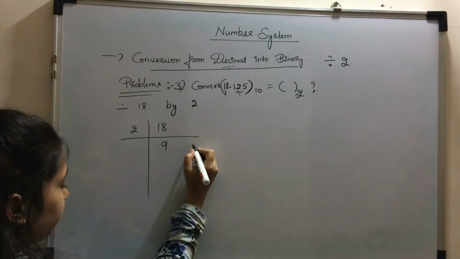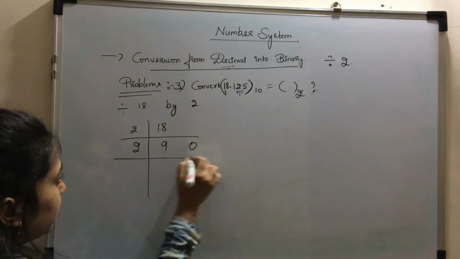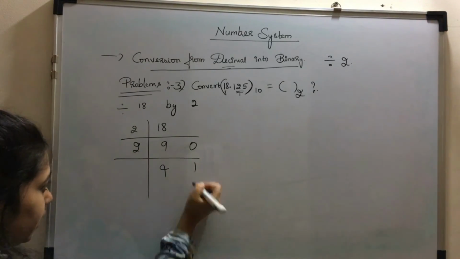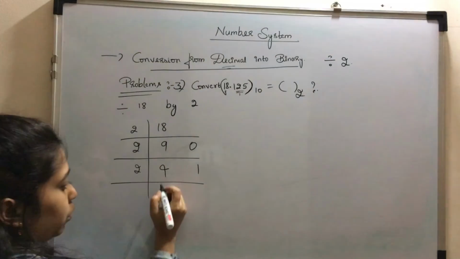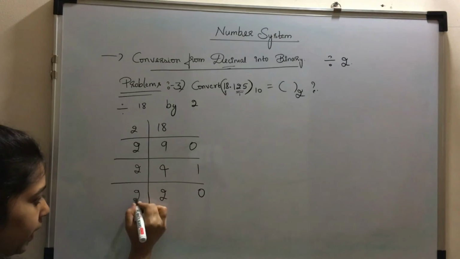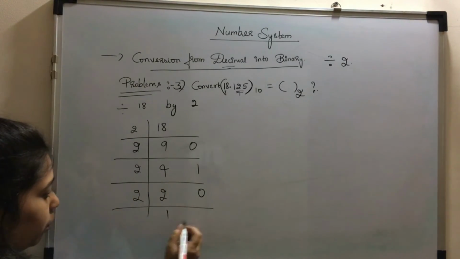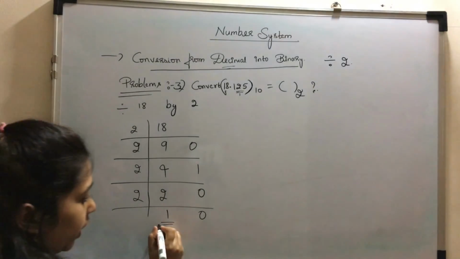This is the quotient and the remainder is 0. Again divide this 9 by 2. 2 4s are 8, so the remainder is 1. Now divide this 4 by 2. 2 2s are 4 and the remainder is 0. Again divide this 2 by 2. 2 1s are 2 and the remainder is 0. And now we have to stop and write this in this direction.